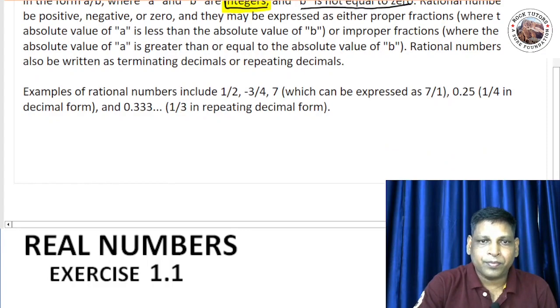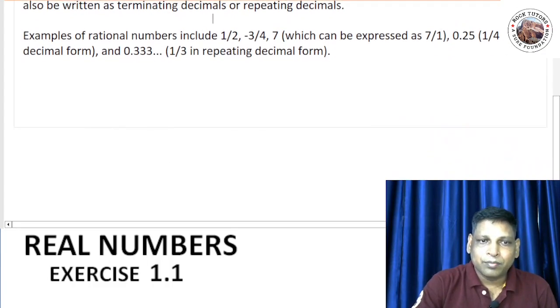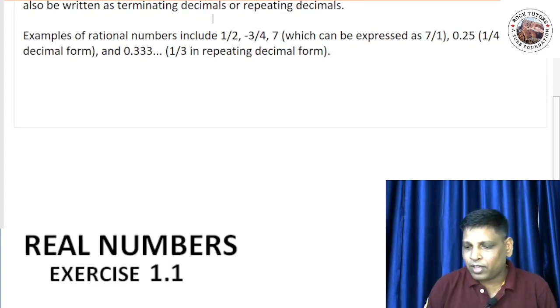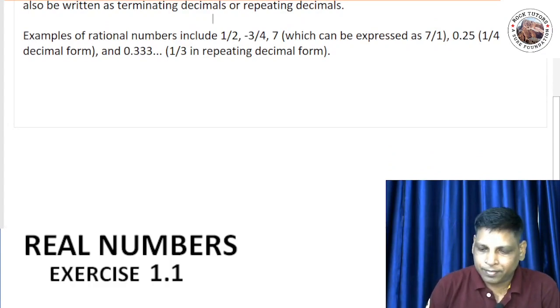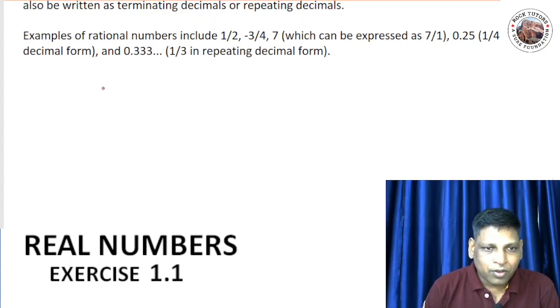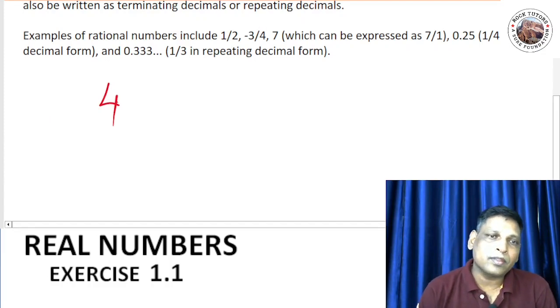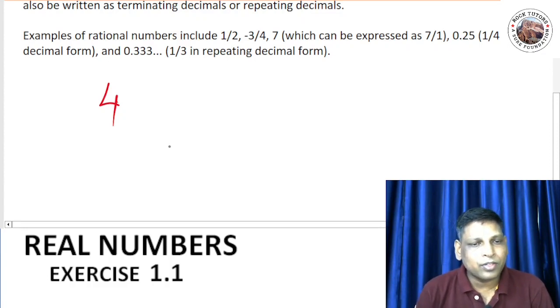Any number that I can write in the form a by b is a rational number. Now I want to ask one question: can you tell me that 4 is a rational number? Yes, we can say that 4 is a rational number.